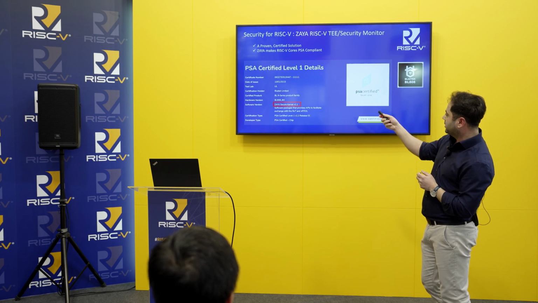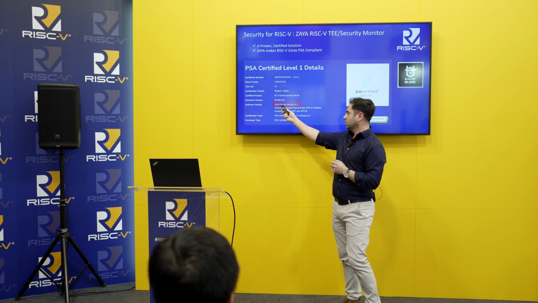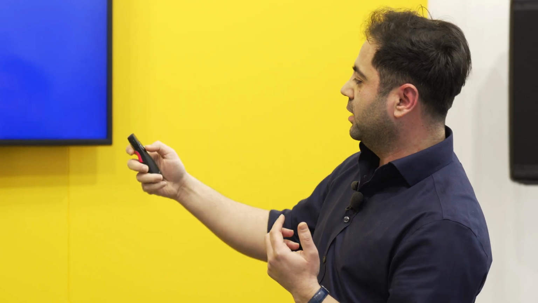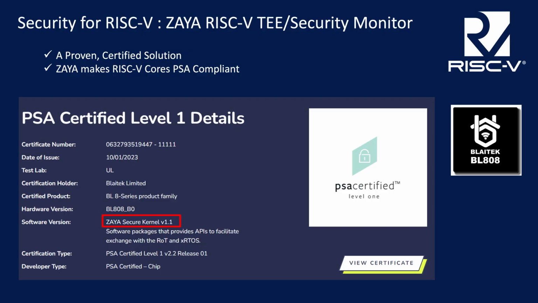It's for Bilaytek Limited, and it used a ZAYA secure kernel to meet requirements. Of course, we use some security like hardware crypto acceleration from Bilaytek, but for the missing requirements, ZAYA fulfills, and it makes the whole device certified.